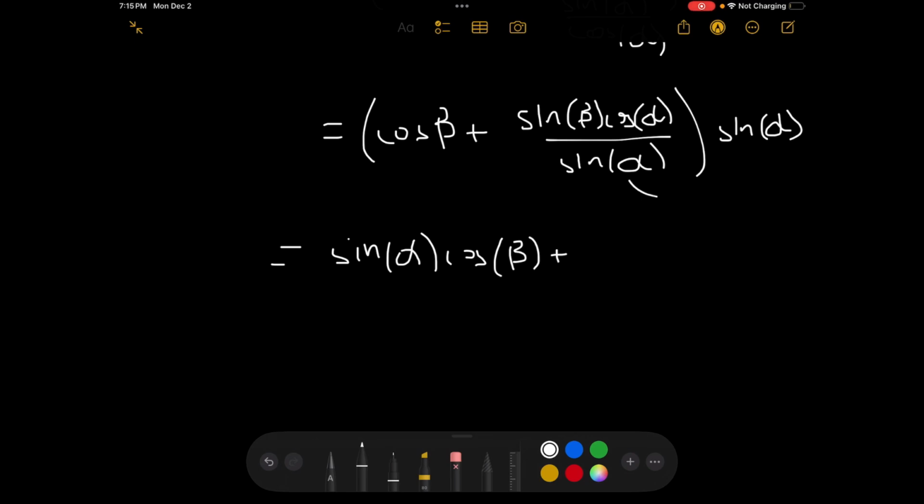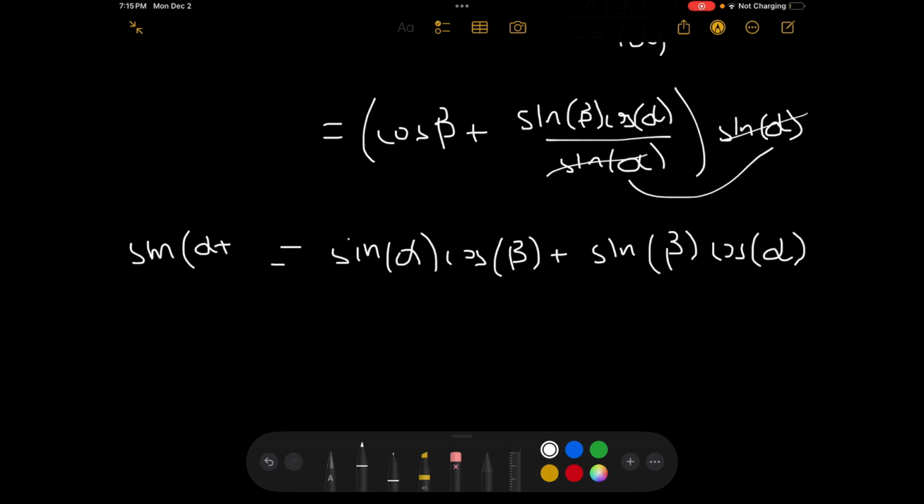And these two cancel when you multiply these. And this is our sum identity for sine.